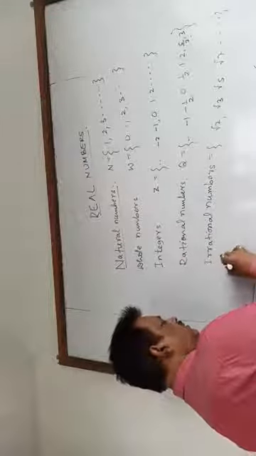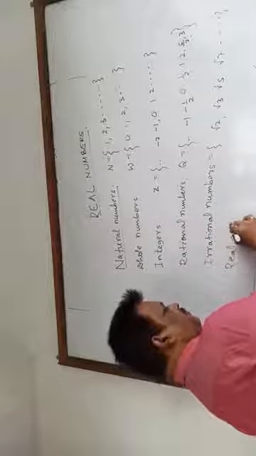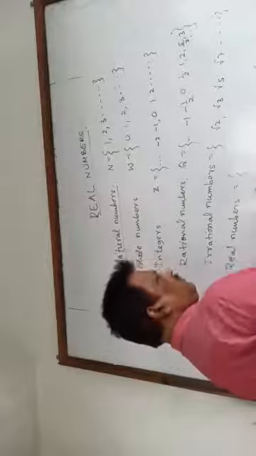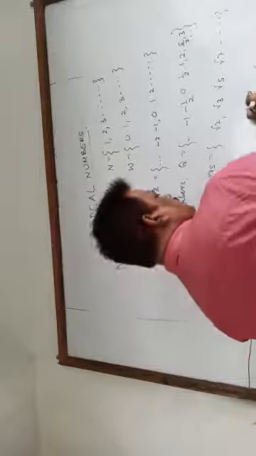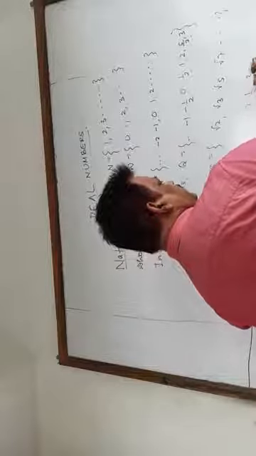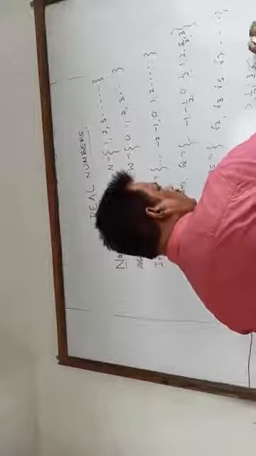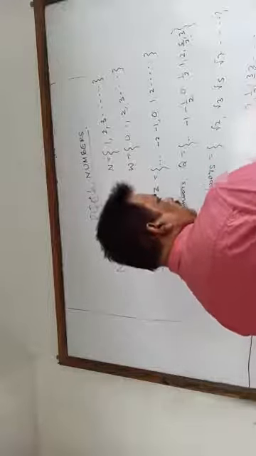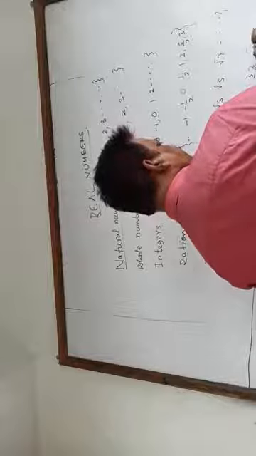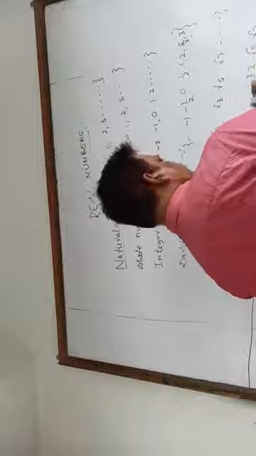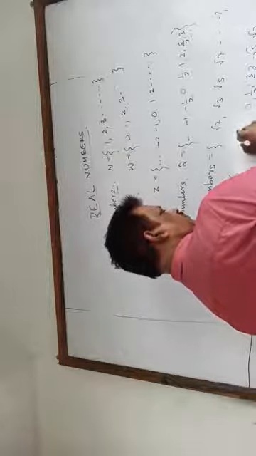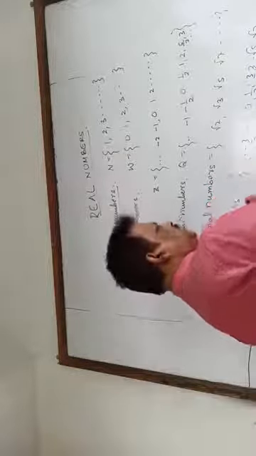So now our real numbers will be all the integers like 0, 1, 2, all the fractions, all the square root numbers, negative numbers and so on.